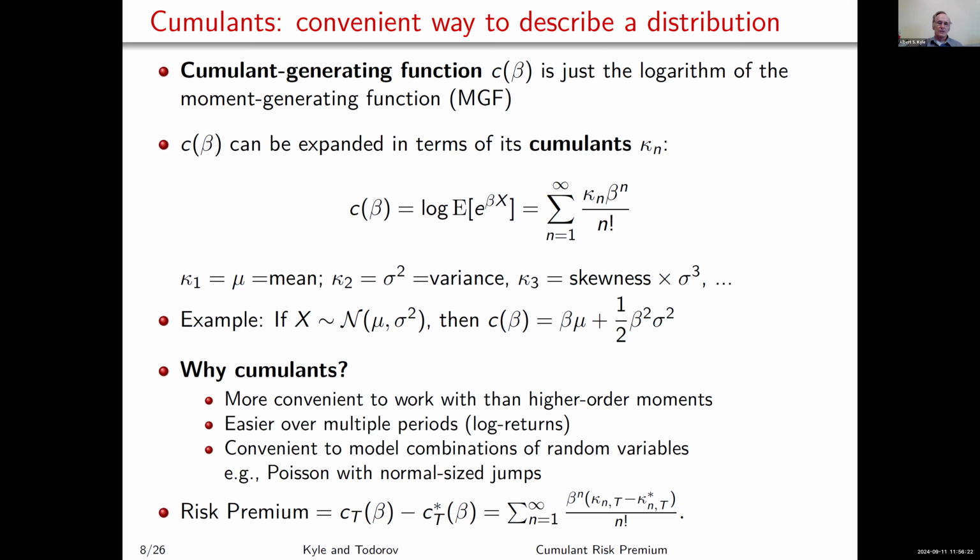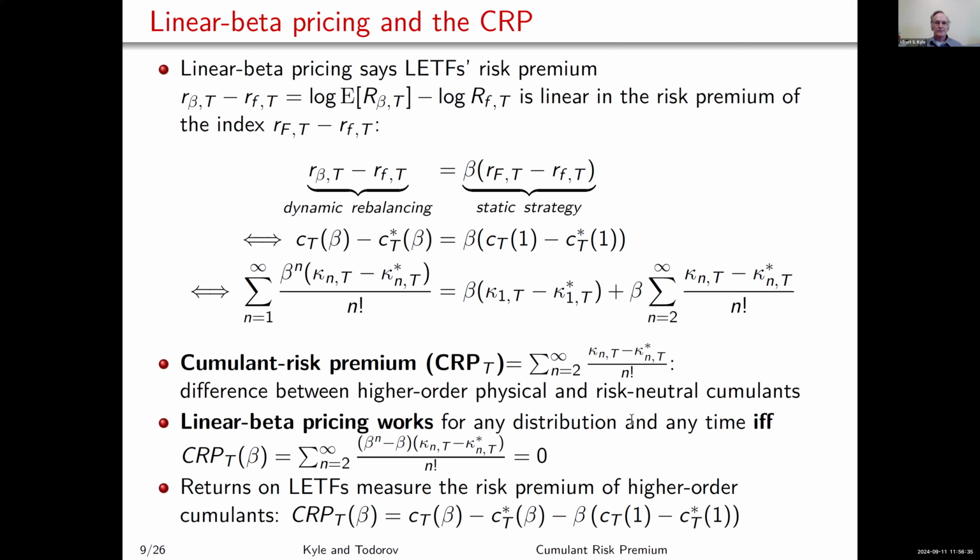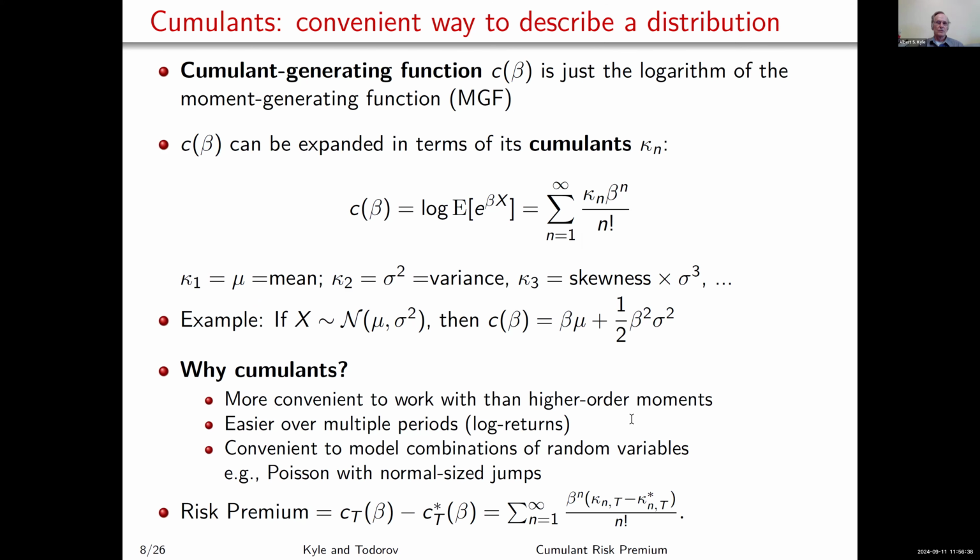Okay, so why would we use cumulants? Well, they're more convenient to work with than higher order moments, as the normal distribution illustrates, but other distributions illustrate as well. They're easier to work with over multiple periods. So, for example, if you have returns that are IID over time, let's say over several periods, the cumulant generating function inherits an even simpler version of what the moment generating function has.